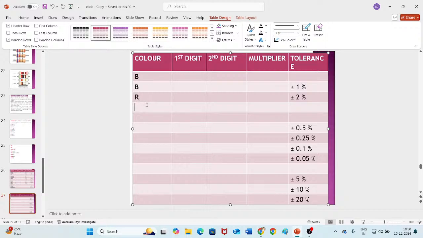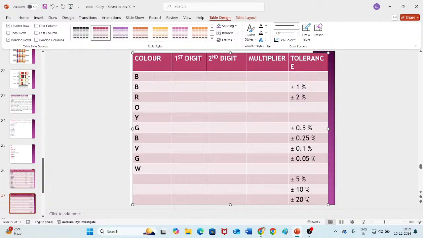B, B, R, O, Y, BB Roy, Great, Britain, very, good, wife. All the colors I'm going to write in a sequence so that it will be easy for you to follow. So BB Roy, Great Britain, very good wife.